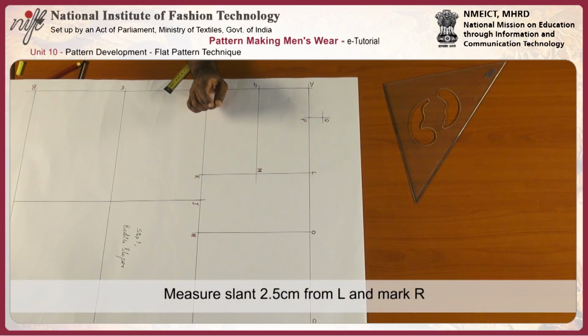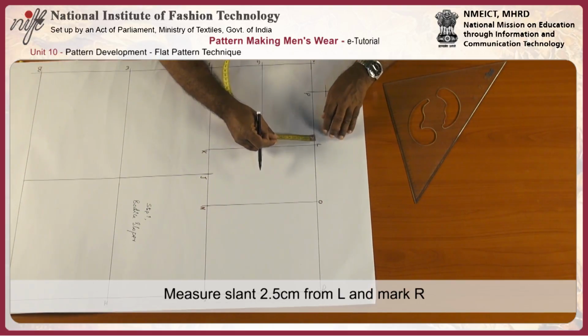Point R is slant measured from point L, 2.5 centimeter.